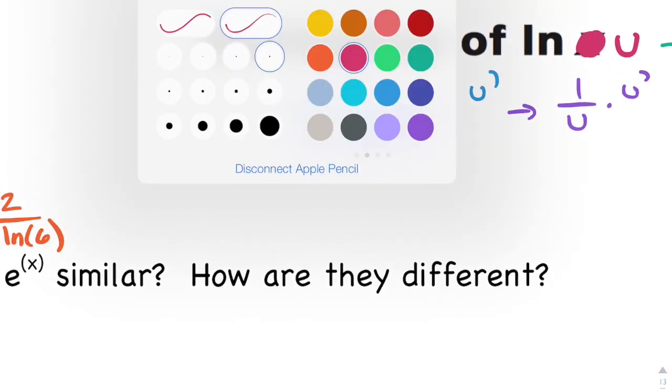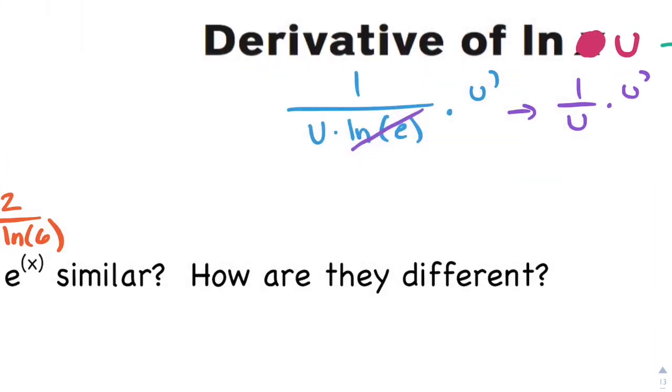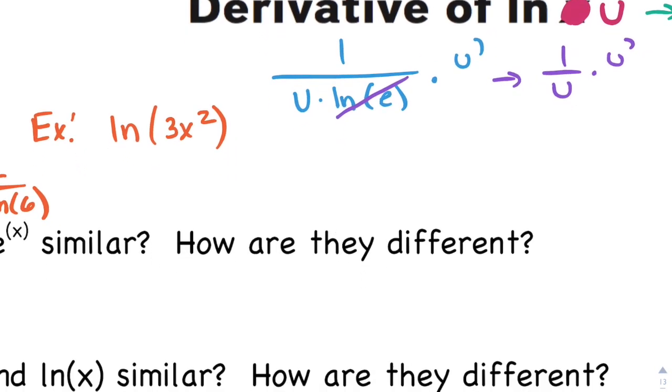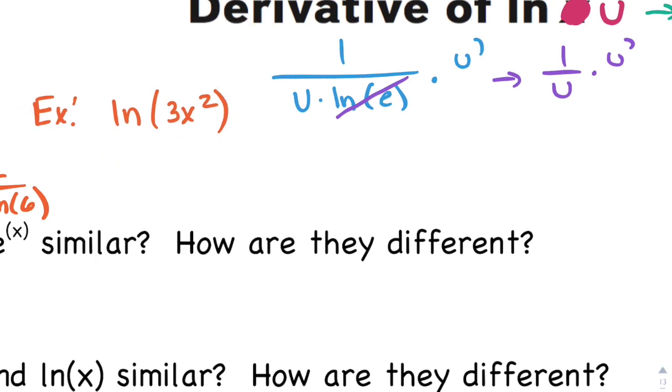Let's do an example. Let's do ln of 3x squared. This can be my example. So the example ends up becoming log base e of 3x squared.